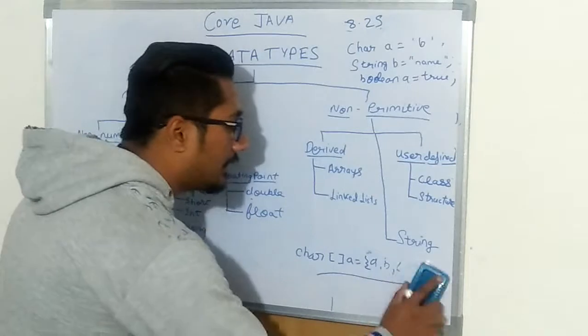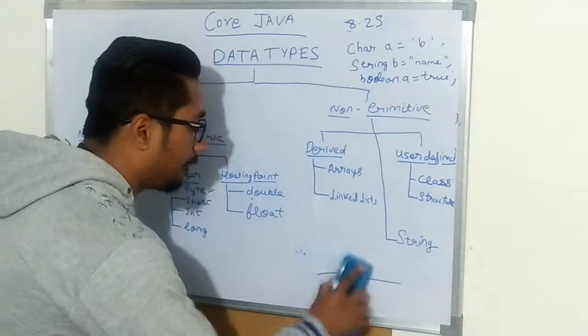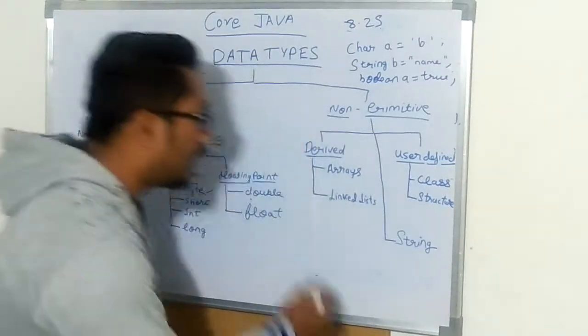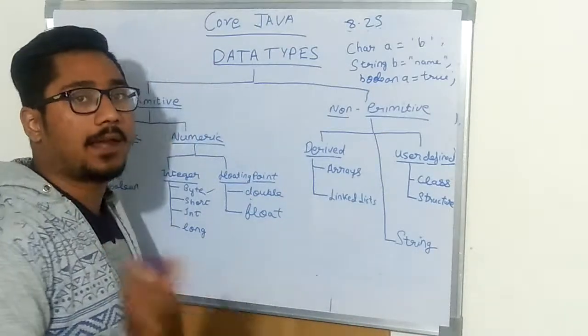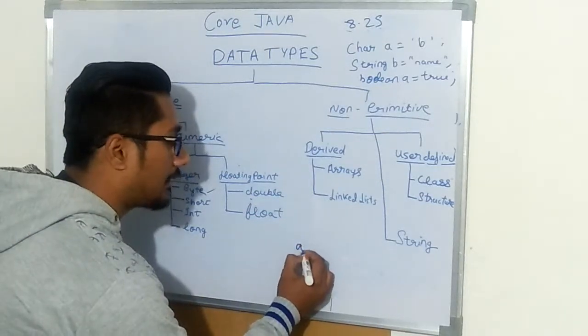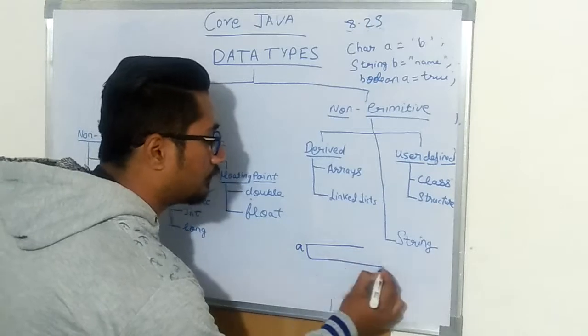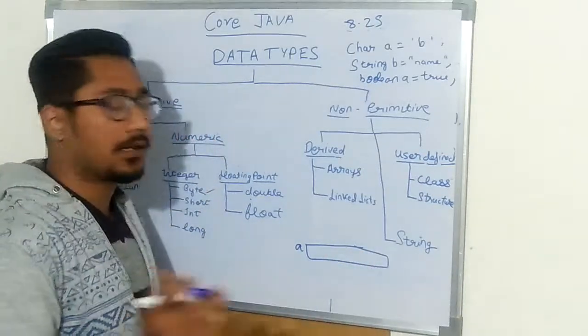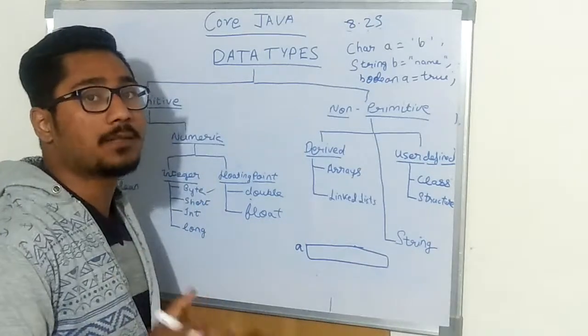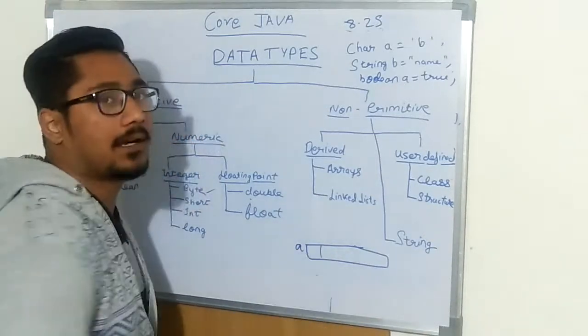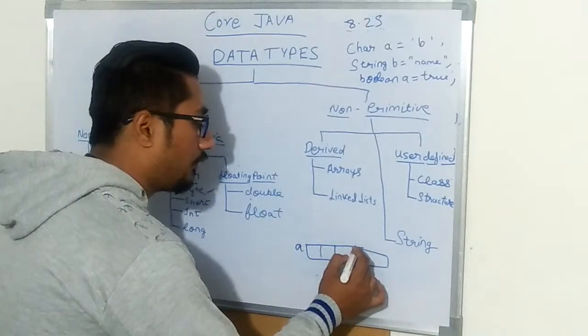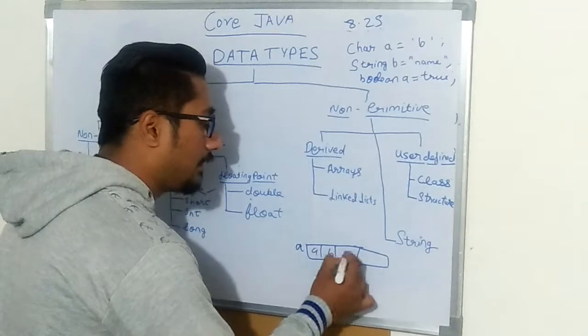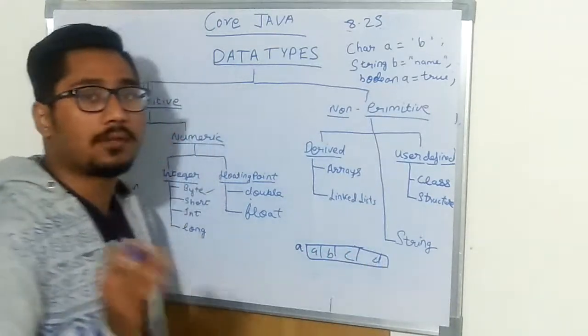Let me show you how these values are stored in the array. I've taken a char data type array. A is the name of this box over here, which is similar to the place where your values are stored in the computer's main memory, like the registers, where I've stored A, B, C and D. These are the values stored in the array.